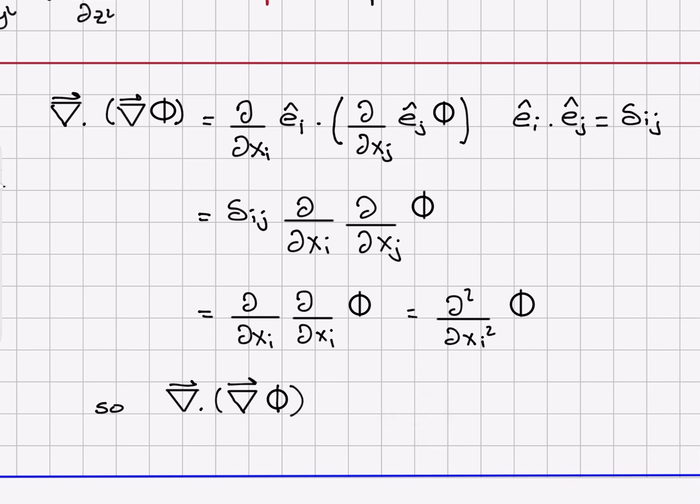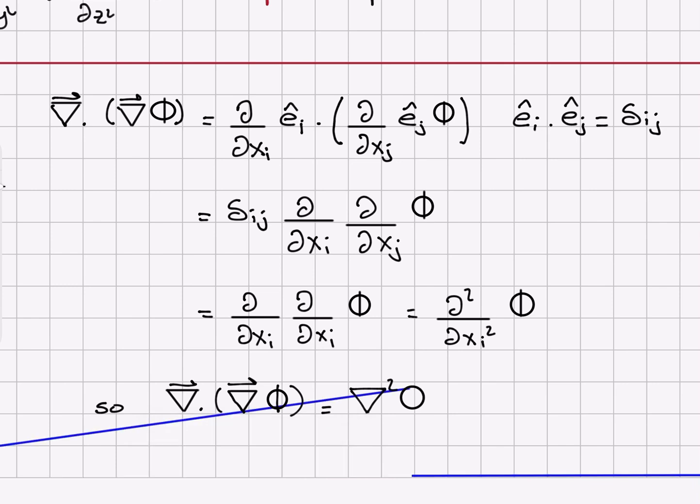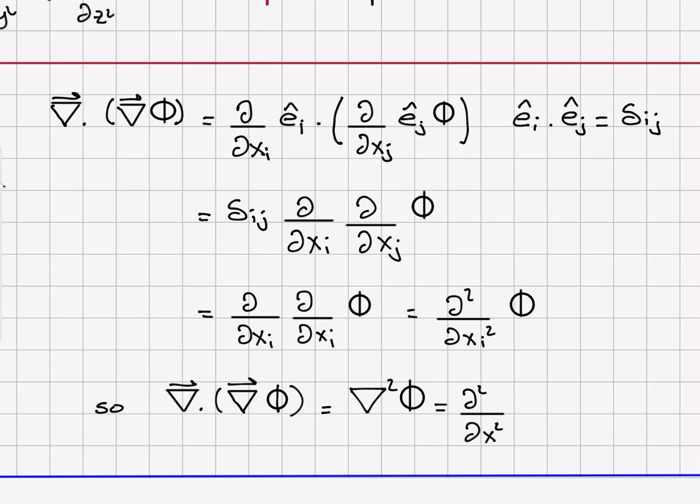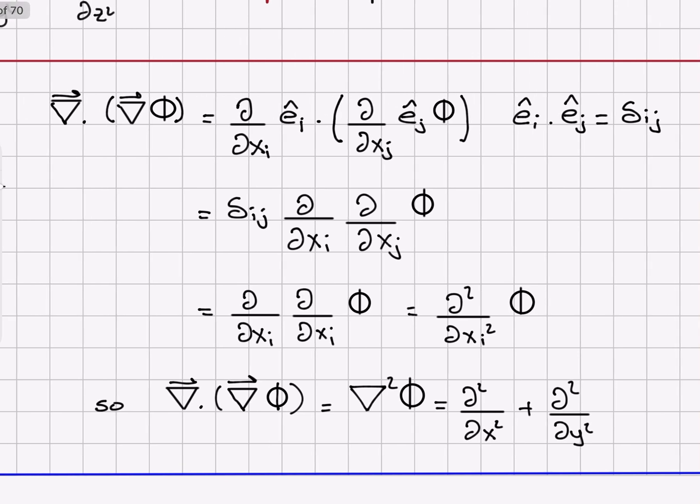This gives us the so-called Laplacian operator, del squared phi, which is, according to subscript summation notation here, the second derivative with respect to x when i is equal to 1, the second derivative with respect to y when i is equal to 2, and the second derivative with respect to z when i is equal to 3.